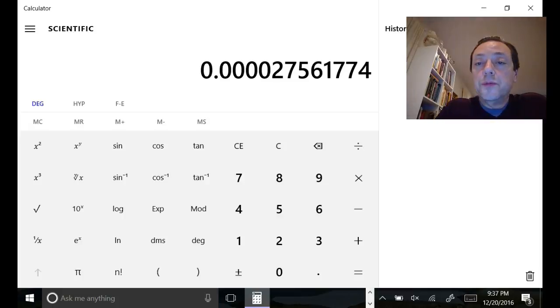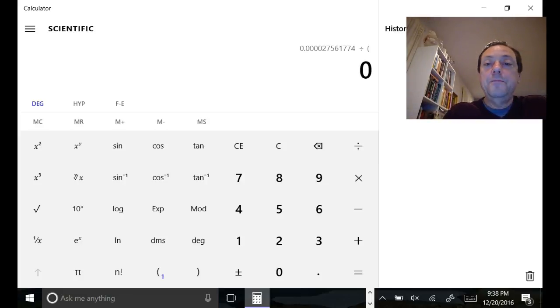You'll notice that's pretty small. That's the value of our numerator. And this is about to get a lot smaller because I still have to divide by 14,000 meters squared.